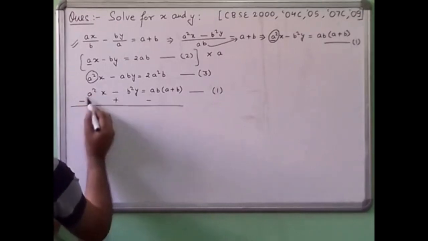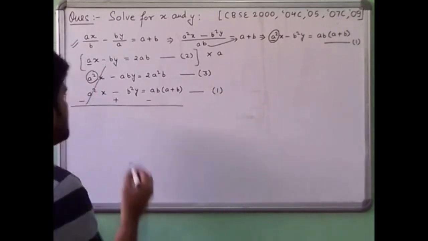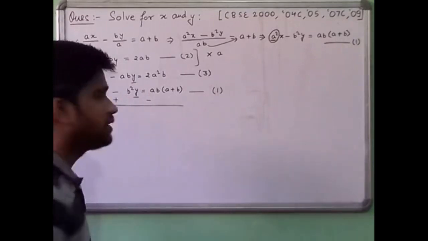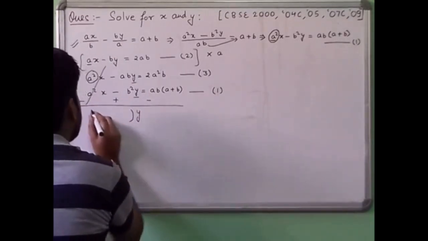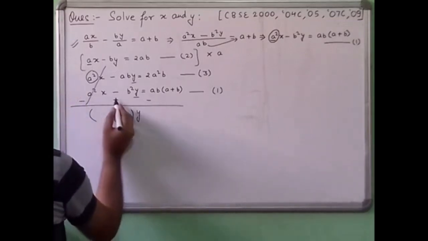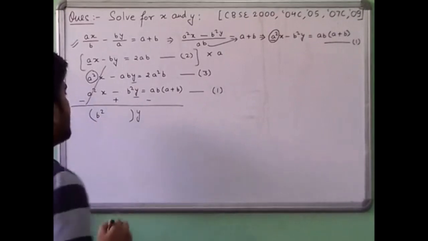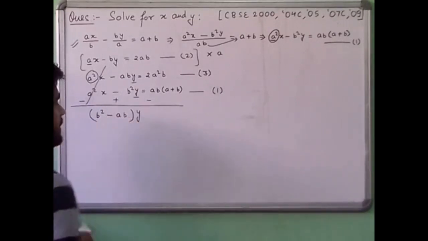Plus a square x cancels out by minus a square x. Now we take y as common, so write y outside the bracket, and this is plus sign, so firstly we write b square and minus ab.